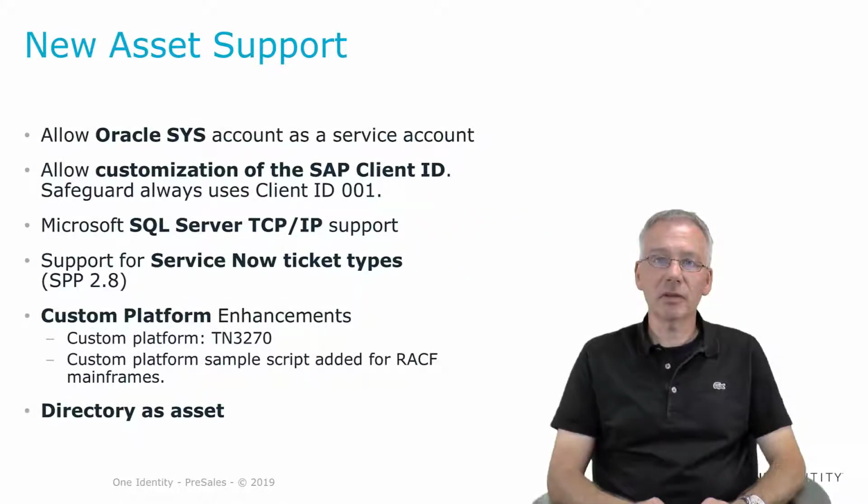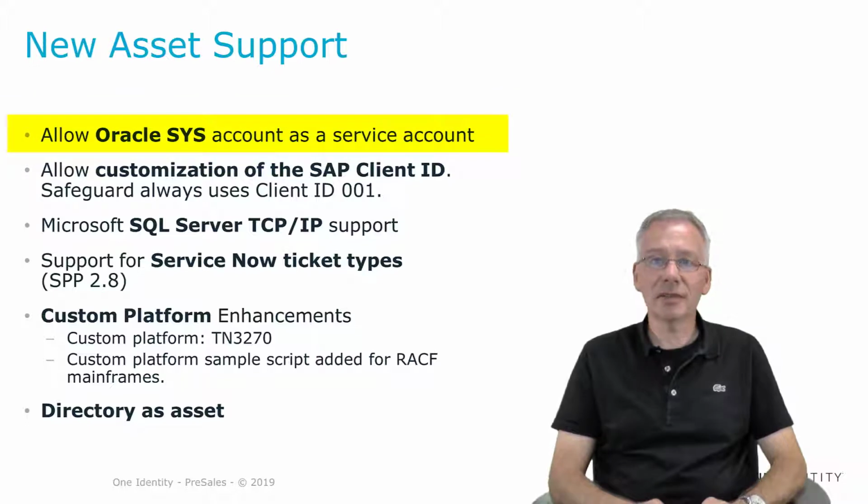Let's talk about improvements to the asset handling in Safeguard. First of all, we have more enhanced support for Oracle databases. You know that the master account, or one of the privileged accounts, by default in an Oracle database is called sys. Now you can use the sys account as the service account if you define an Oracle database asset in the latest versions 2.7 and 2.8.